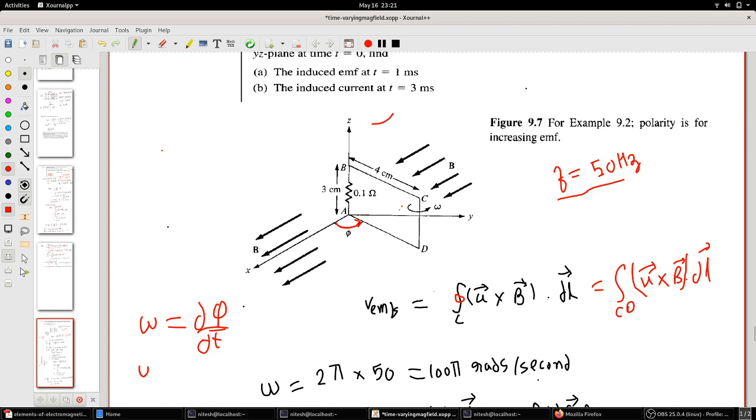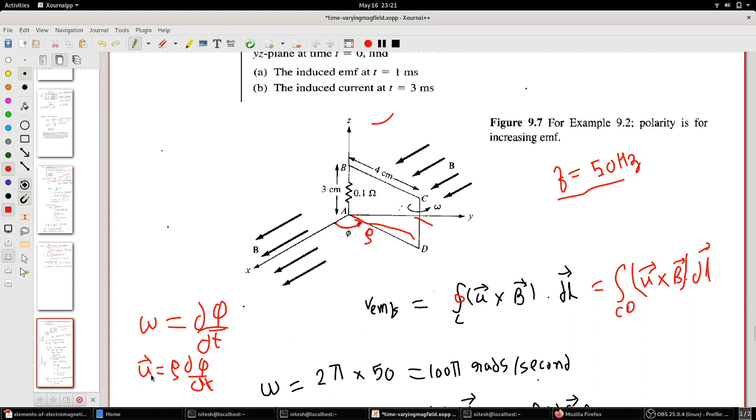In this case, u will be equal to rho into d phi by dt. Rho is the radius at which this particular side of the loop, CD, is moving. It's spaced at a distance of 4 centimeters, which is also given as rho, side AD as rho.